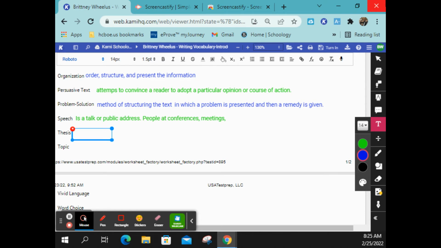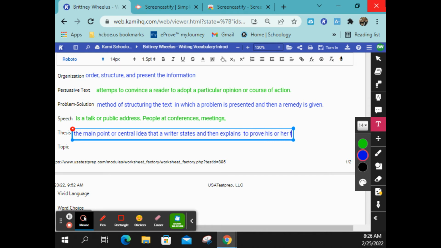So, a thesis is the main point or central idea that a writer states and then explains to prove his or her thesis.